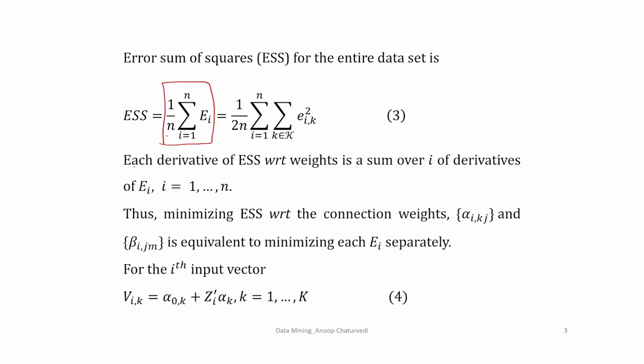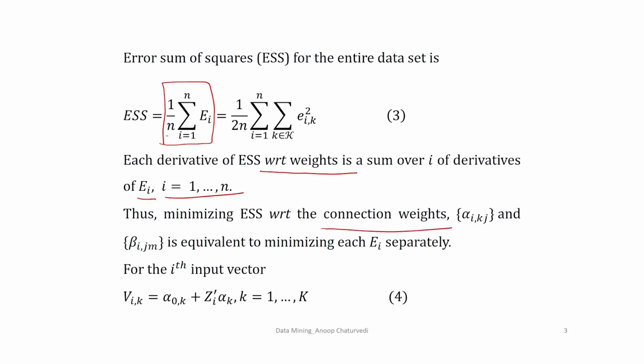Then each derivative of ESS with respect to the weights is a sum over i of derivatives of E_i for i equal to 1 to n. So, we are minimizing ESS with respect to the connection weights.